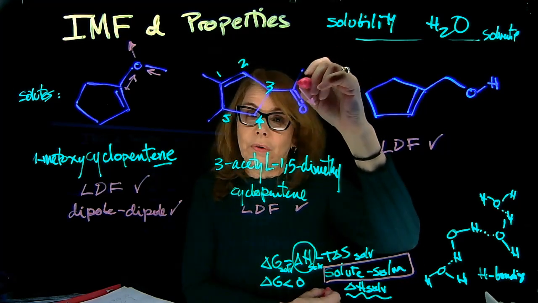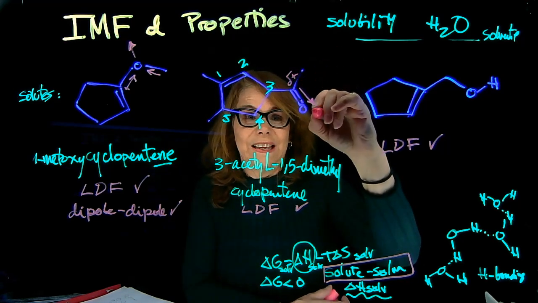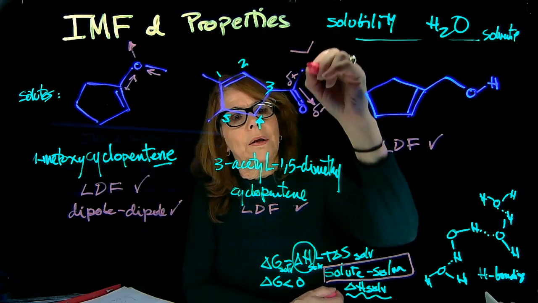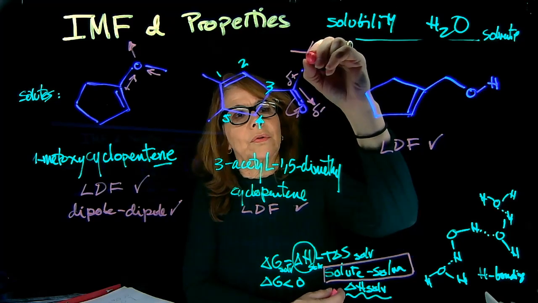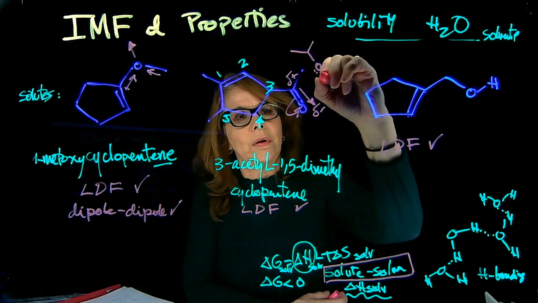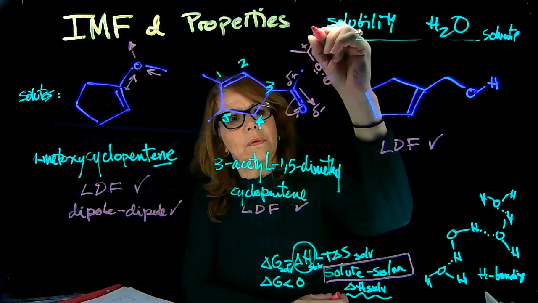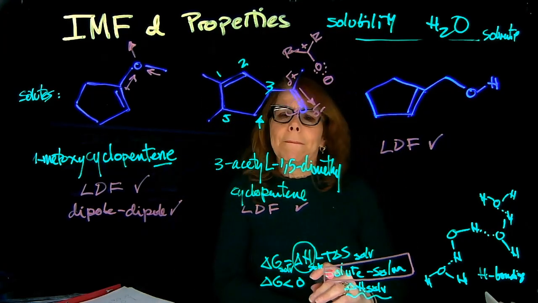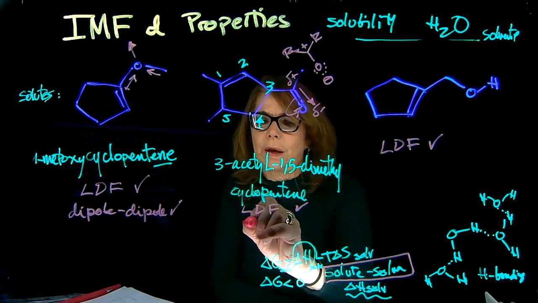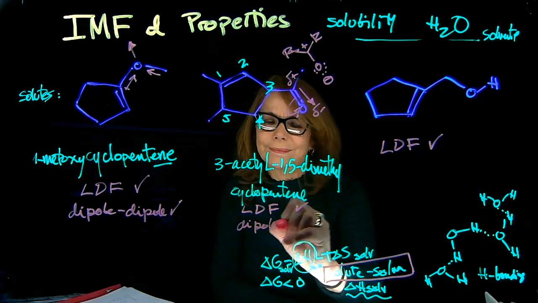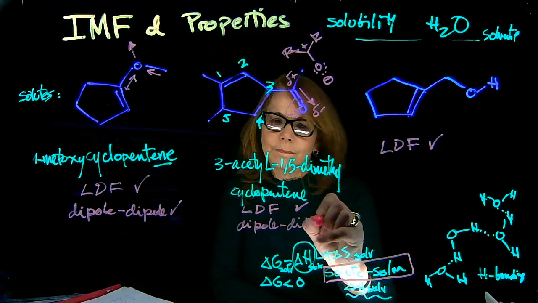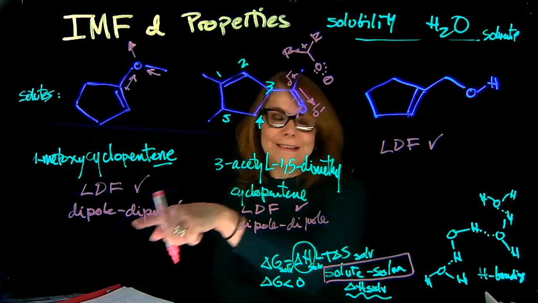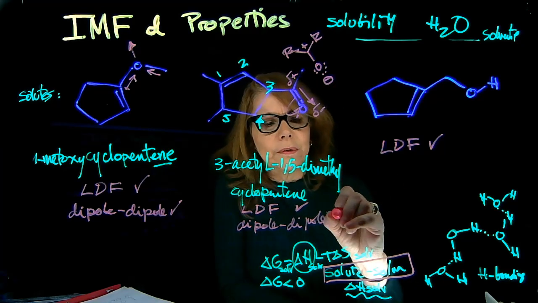Let's recall that the dipole is like that, but you can also draw the resonance structure that explains why it is even more polar. So I'm going to do R and R, so any ketone. Okay, so check mark for dipole-dipole as well. But a stronger interaction, probably this than that. So I'm going to say stronger.